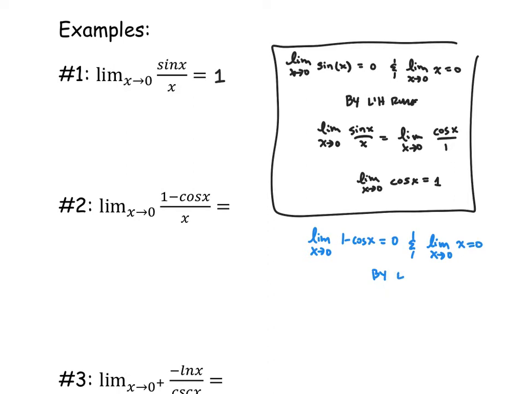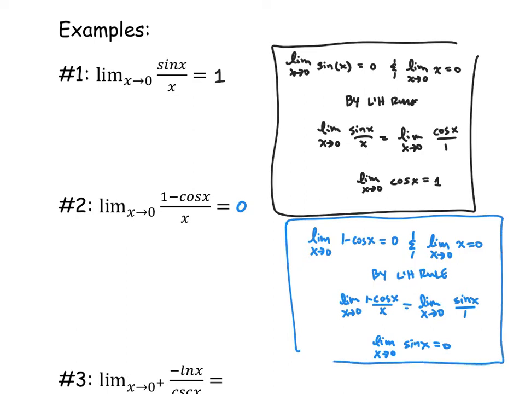Therefore, by L'Hopital's rule, the limit of 1 minus cosine x over x is equal to the limit of the derivative of both of those. The derivative of 1 minus cosine x is a positive sine x. The derivative of x is 1. Therefore, the limit as x approaches 0 of sine x equals 0. That was another special limit that we've worked with. Again, follow suit with all the correct notation.